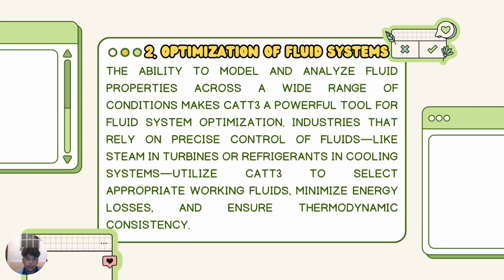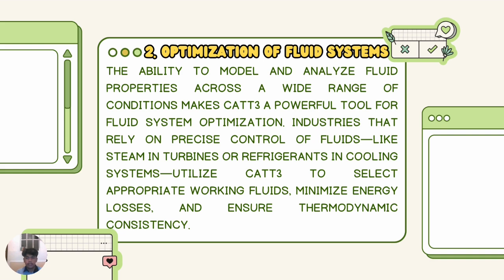Number 2, the optimization of fluid systems. This section highlights CATT's use in designing fluid systems, especially those that handle gases and liquids under pressure and temperature variations. Who are the industries involved in this? Number 1, power plants, cooling systems, and the refrigeration industry.